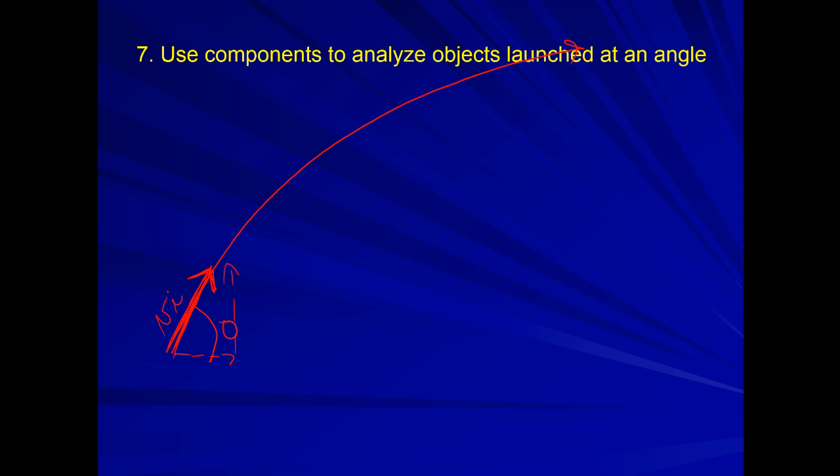So if we're using an equation that includes initial velocity, and it's a horizontal equation, rather than using this initial velocity they gave us, we just want to use the x portion of that velocity. Or if we're working an equation that's looking at the vertical part of the motion, we would just want to use the vertical part of that initial velocity.